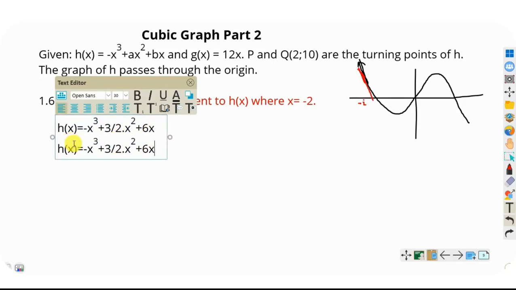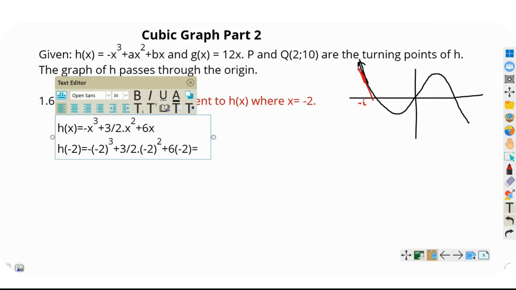Now what I'm going to do here is find h when x is negative 2.